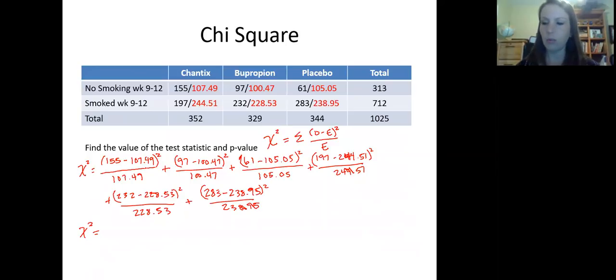So I get 20.999 for that one. Plus, now I do the next one. I have 97 minus 100.47, square that and divide by 100.47, which gives me 0.1198.